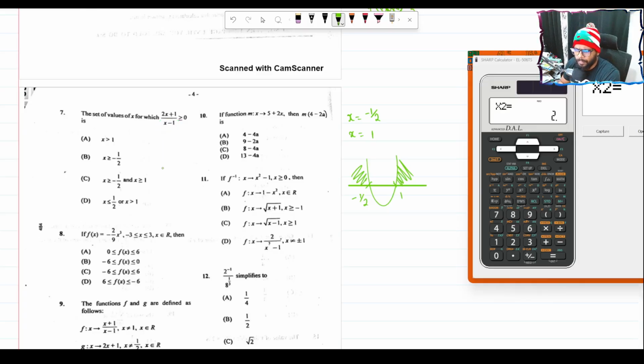So it has to be this. But why is it saying less than a half? It's supposed to be less than minus a half. So I believe this question has a little error in it. It can't be 1 for sure, and minus a half definitely works for this function to be more than or equal to 0. Nevertheless, based on the process of elimination, D is the best option in this case.